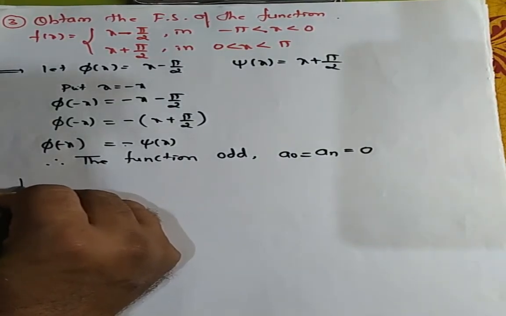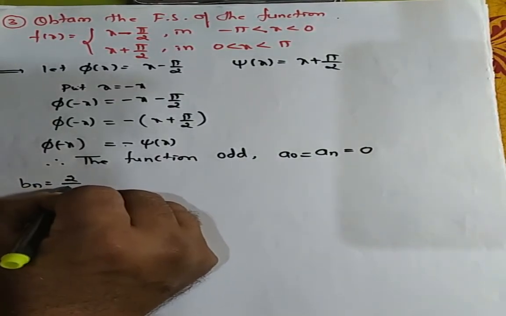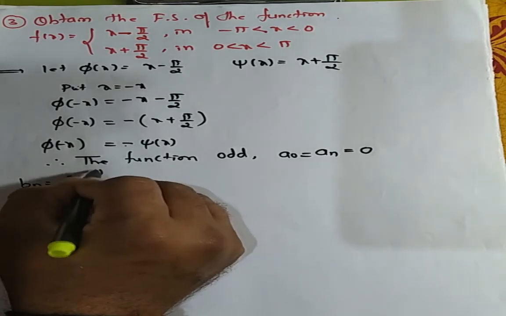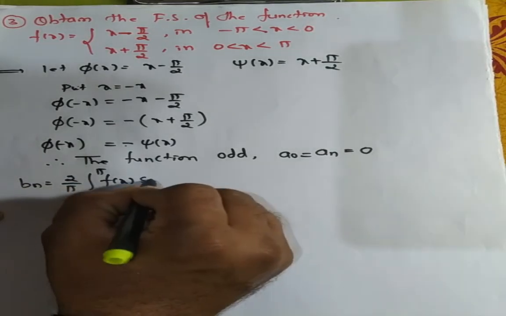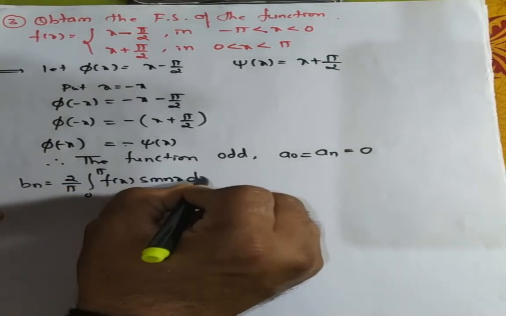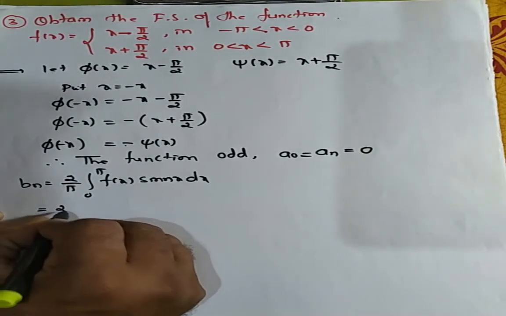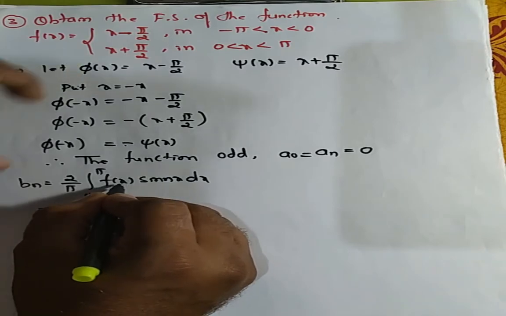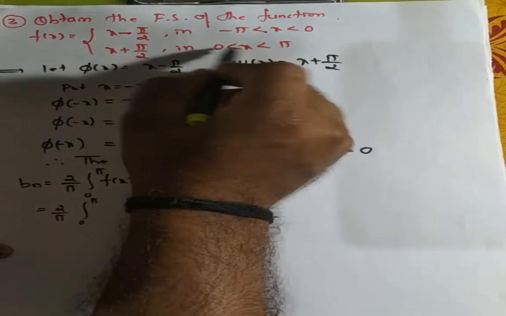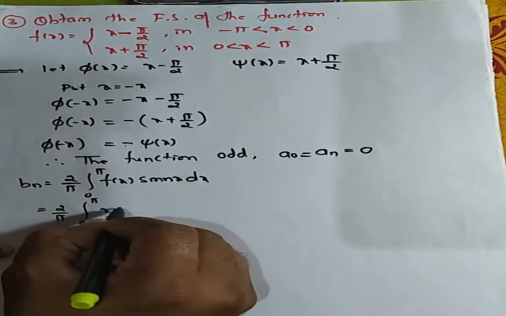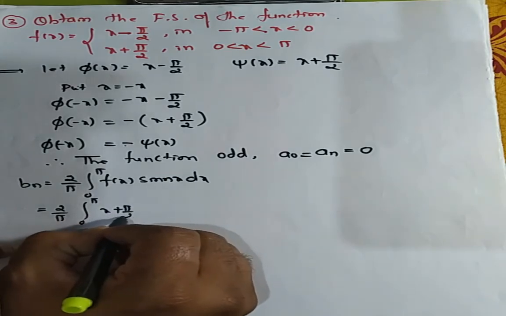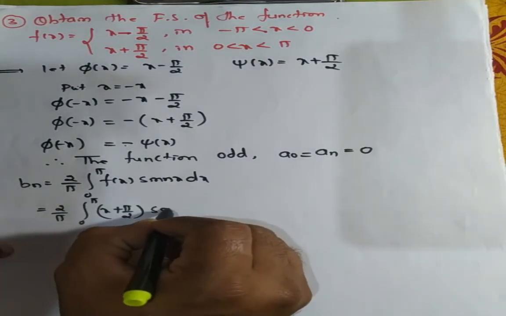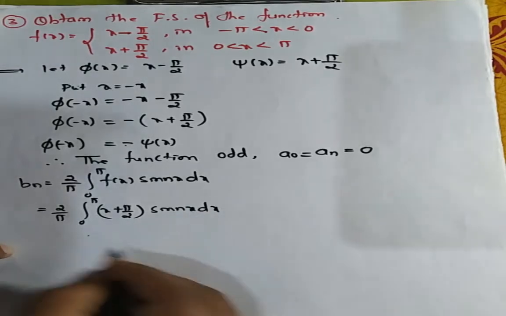So the bn formula is given as 2 divided by pi integration 0 to pi f of x into sin nx with respect to dx. So 2 divided by pi integration 0 to pi, f of x is x plus pi by 2, into sin nx with respect to dx.